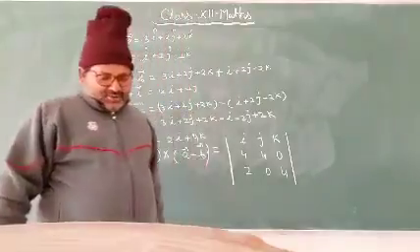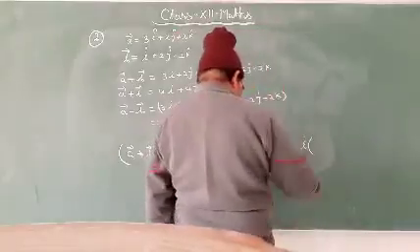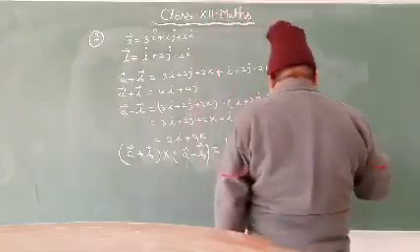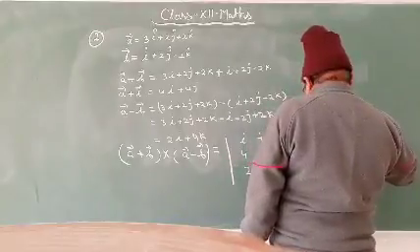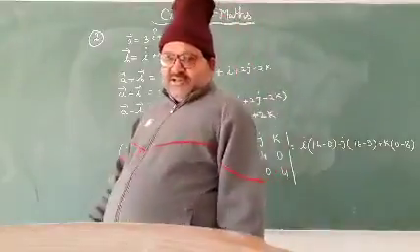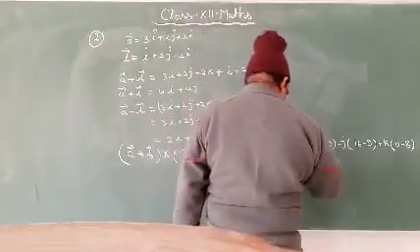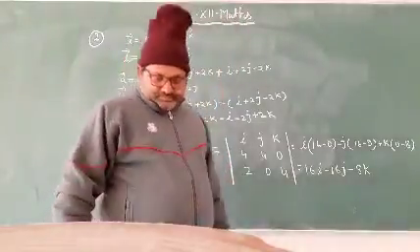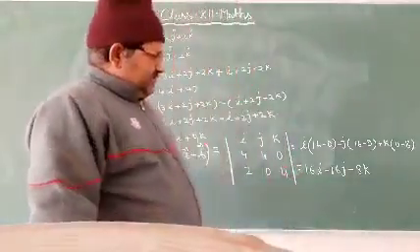Now i times (16 minus 0), minus j times (16 minus 0), plus k times (0 minus 8), which equals 16i minus 16j minus 8k. Clear?